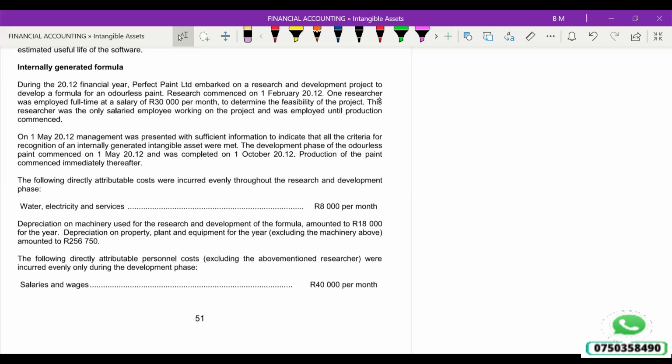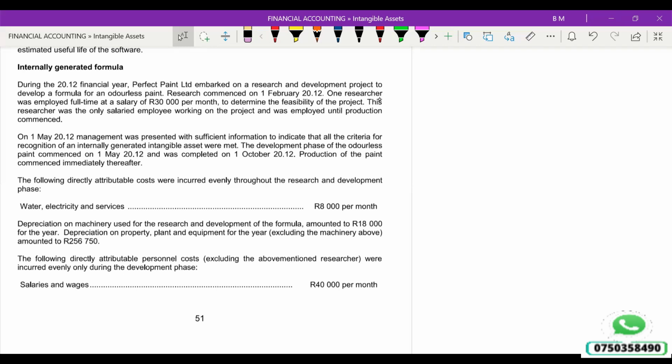This researcher was the only salaried employee working on the project, as it was employed until production commenced. So this person was doing the research. On 1 May 2012, management was presented with sufficient information to indicate that all criteria for recognition of an internally generated intangible asset were met. The development phase of the odorless paint commenced on 1 May 2012.